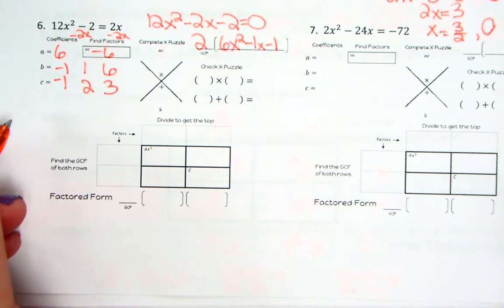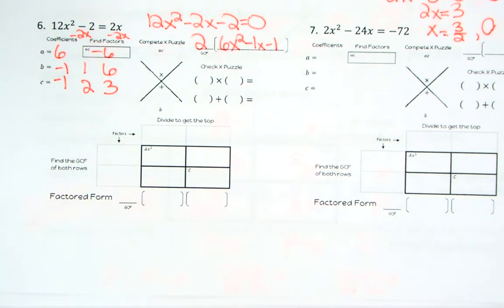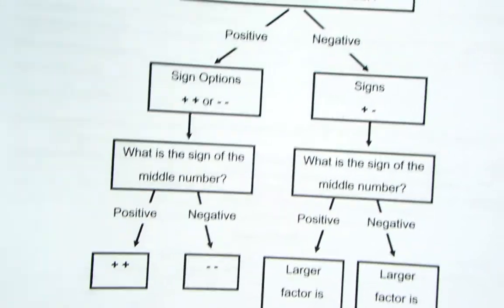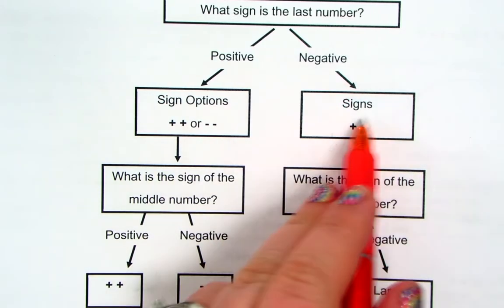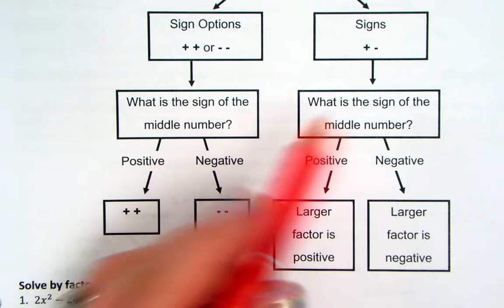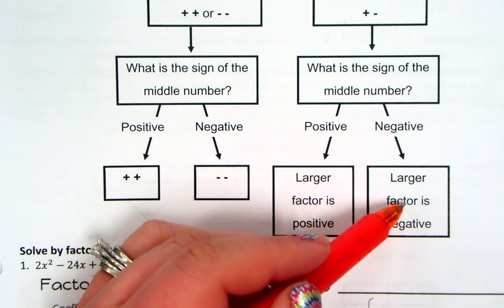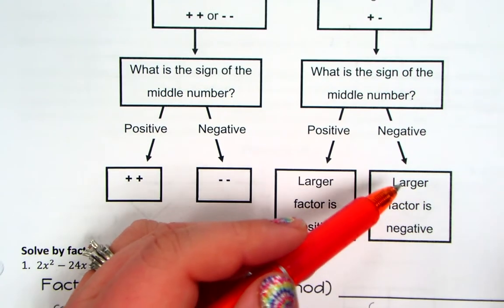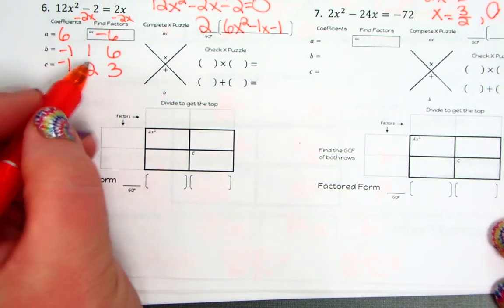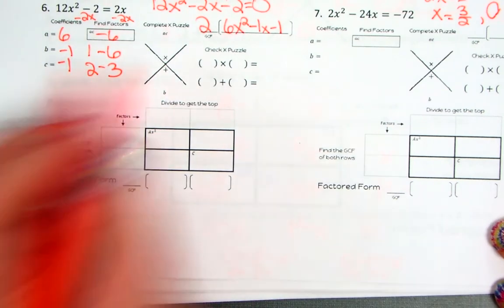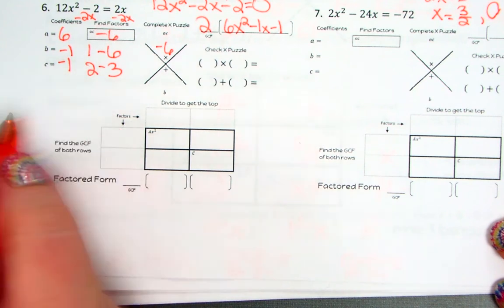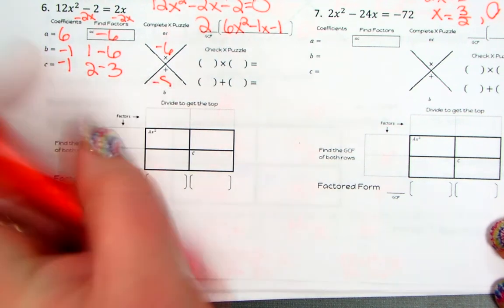And if we follow that factoring flowchart, the sign of my last number is negative. So I have 1 plus 1 minus, and the sign of my middle number is also negative. So my larger factor will be negative, and it's going to multiply to be a negative 6 and add to be a negative 1.